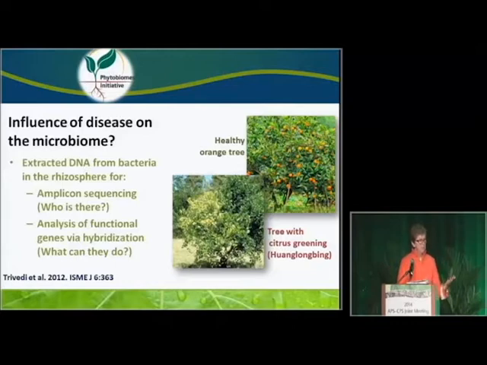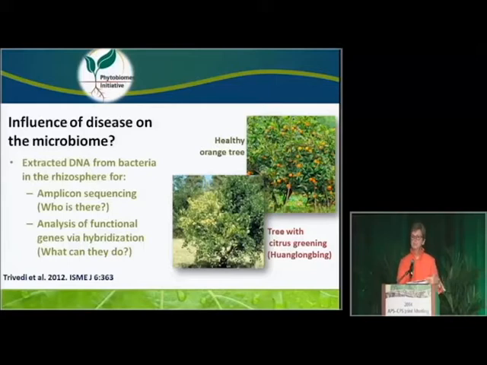They did the amplicon sequencing, which enables them to ask who is there, what genus and species are in that community. And they also analyzed the functional genes via a hybridization technique. That enabled them to ask what those organisms can do. It's not saying what they are doing, it's asking what is the genetic potential of that population.